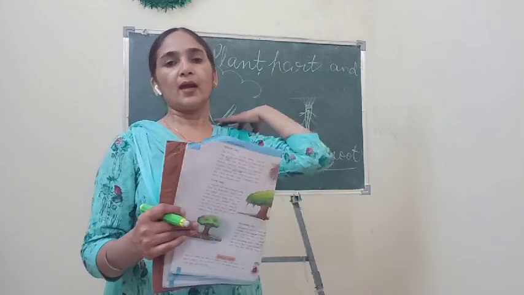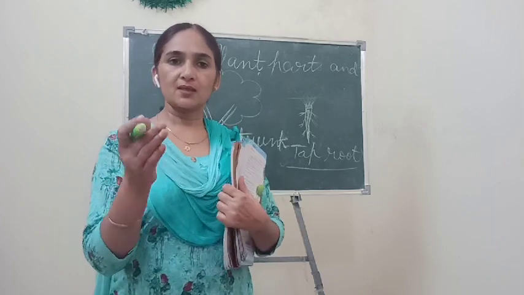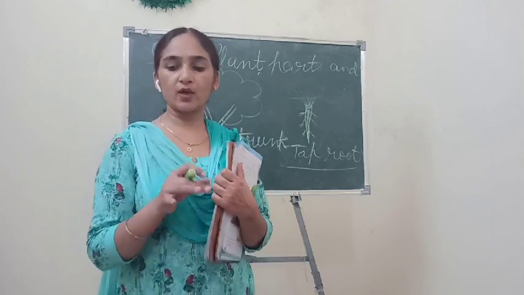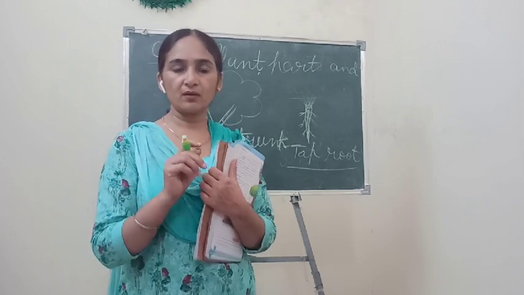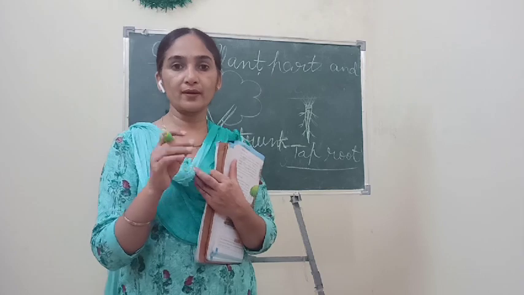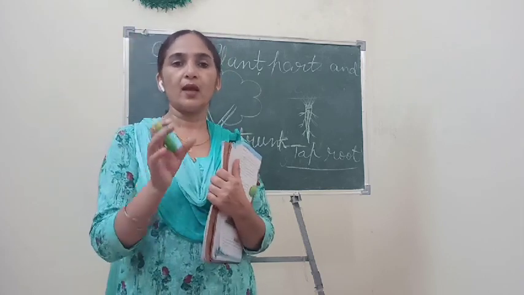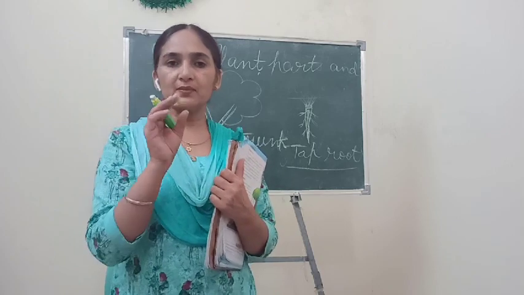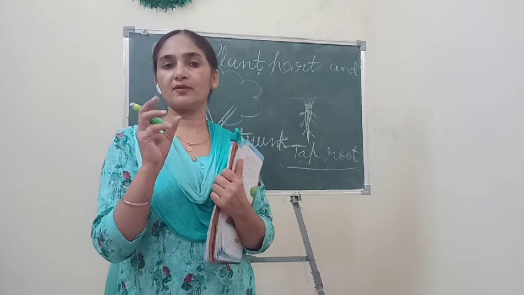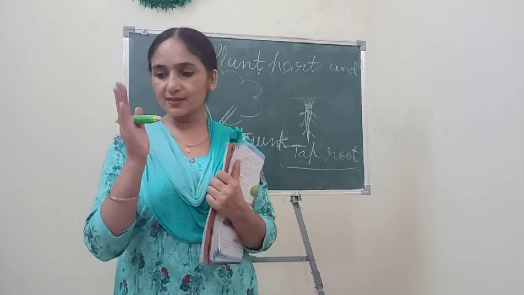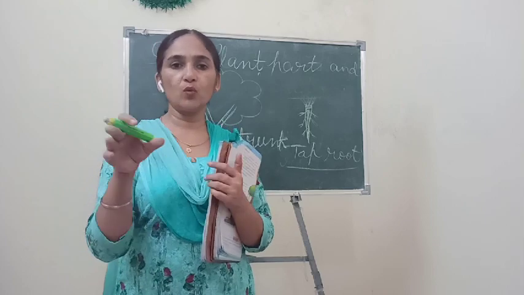Understand? And if we talk about other plants like climbers or creepers, just like grasses and mint, or the stem of coriander that you bring from the market, those stems are very soft and we can say weak stems. They can't stand straight. With the help of support they can move.